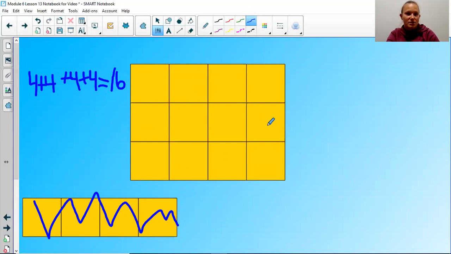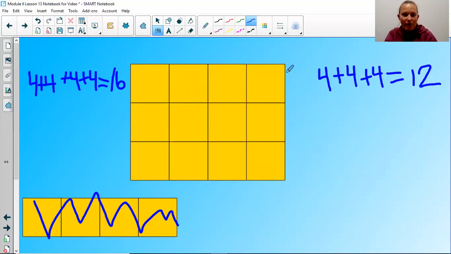So my equation to match that would be 4 plus 4 plus 4 equals, if we have 4 and 4, that's 8, plus 4 more is 12. So we now have a new total of 12 square tiles.